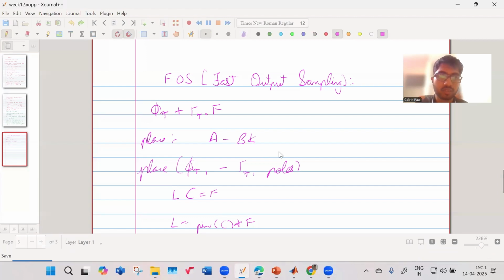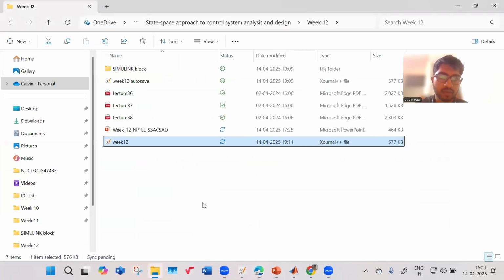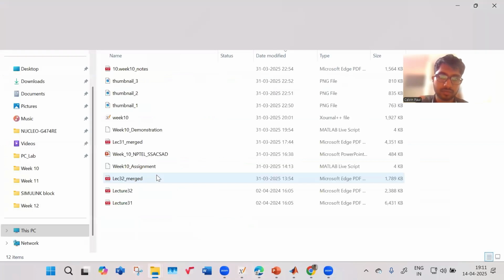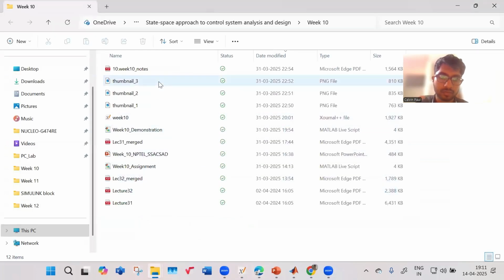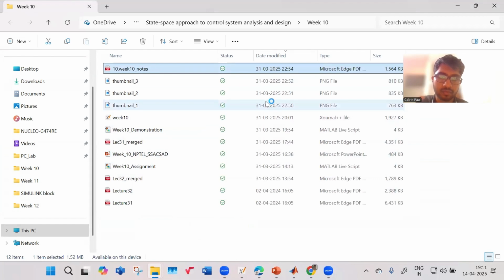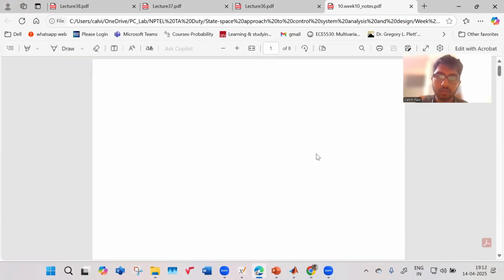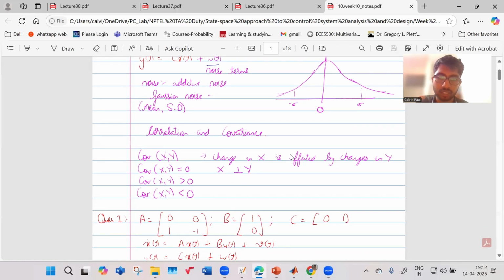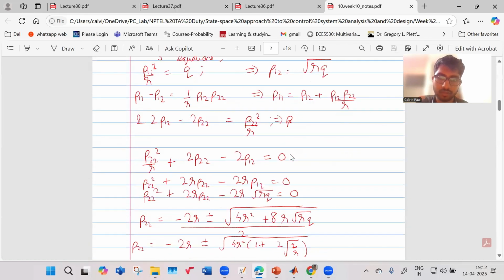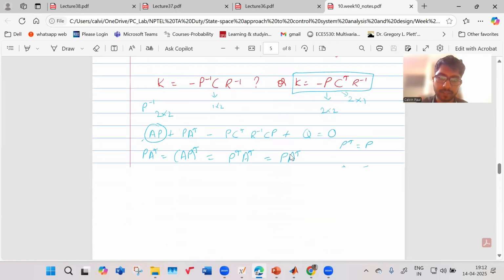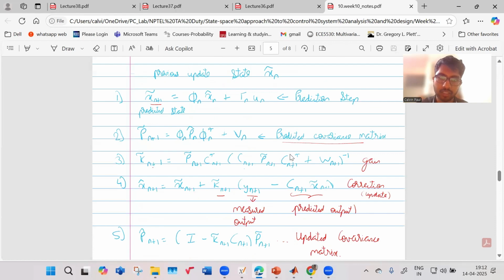So in previous classes, what have we done? Then we discussed about Kalman filter. Okay. There are the Kalman filter gains. And this is the methodology.